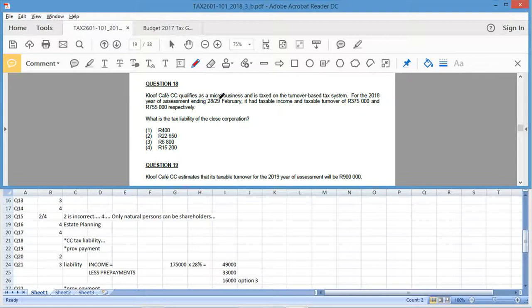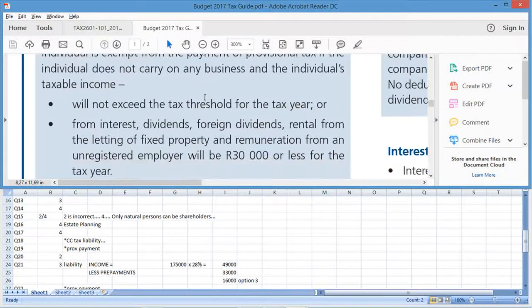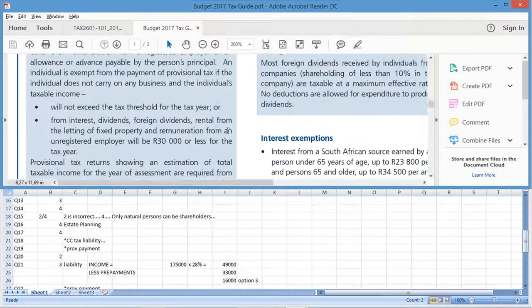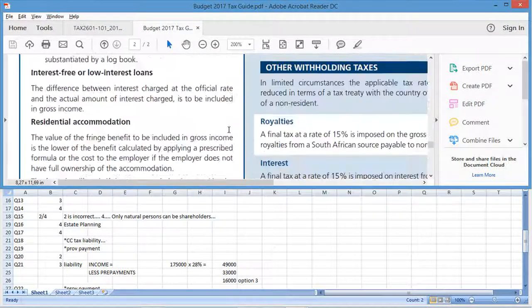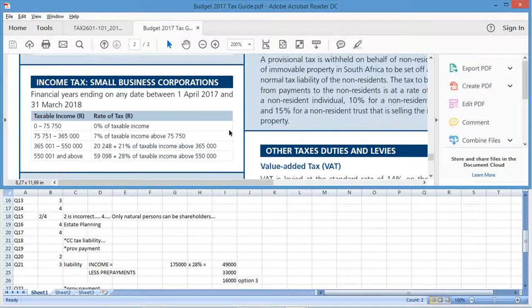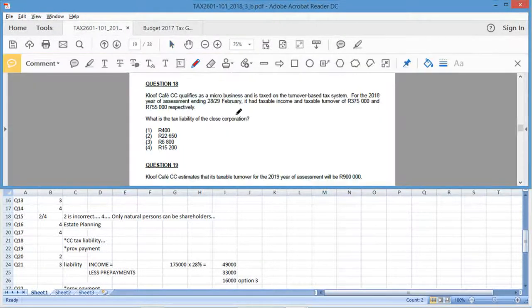They qualify as a microbusiness, so when I go to my tax tables, I'm going to be looking for microbusiness. Companies, SBCs, there we go. Tax turnover for microbusinesses. With a microbusiness, you're going to be using the taxable turnover. Just be careful with that, not the taxable income.